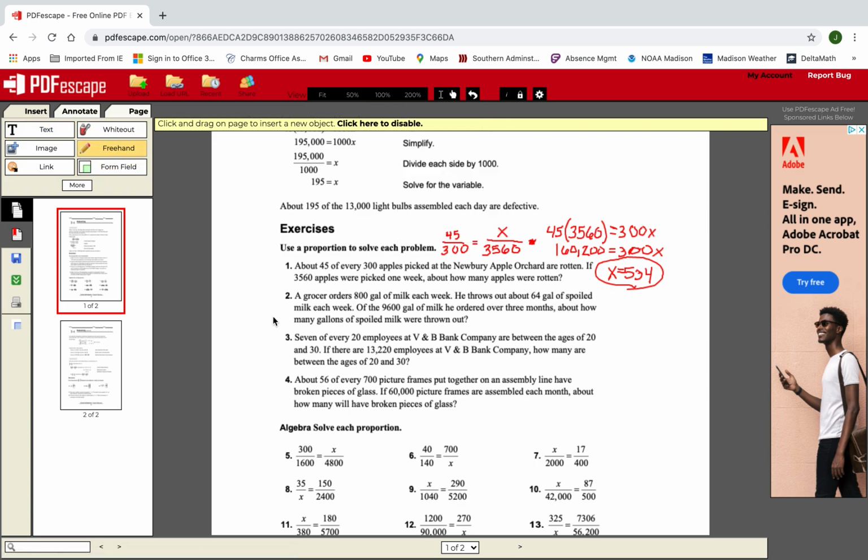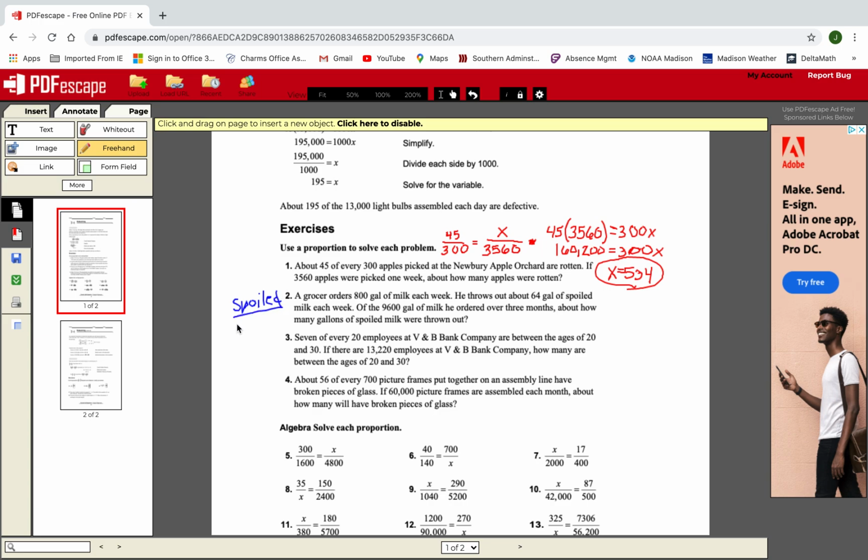The grocer orders 800 gallons of milk each week. He throws out 64 gallons of spoiled milk each week. Of the 9,600 gallons of milk he orders over the next 3 months, how many spoiled were thrown out? So we need to set up a ratio here. I'm going to say spoiled over ordered. So as long as you know which one's on top, then it shouldn't be a problem setting up your proportion.